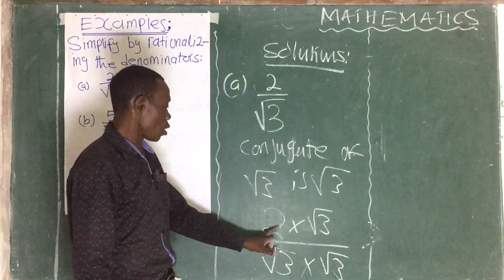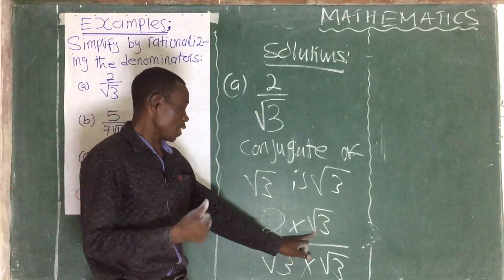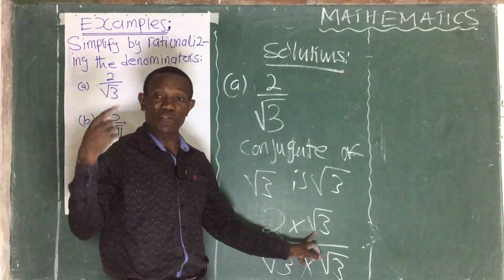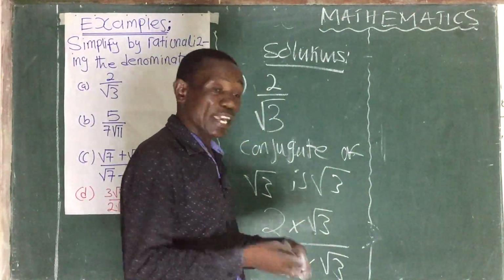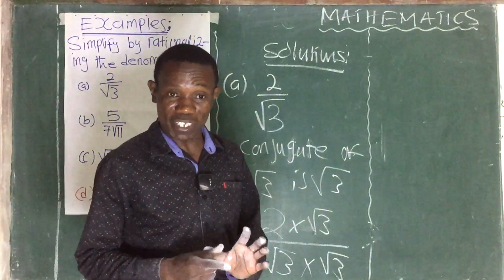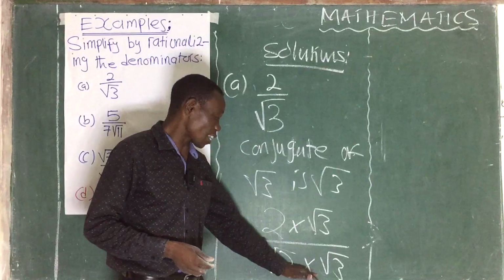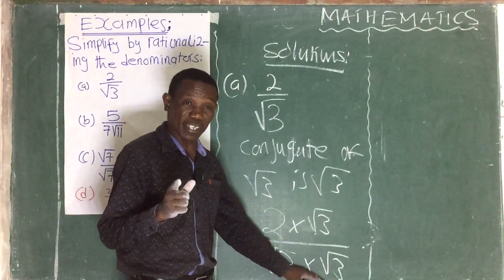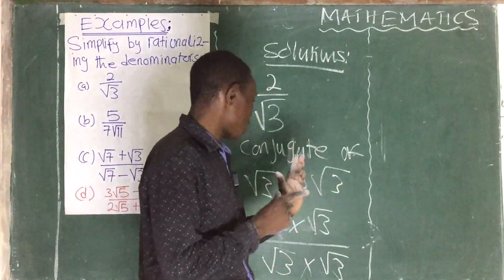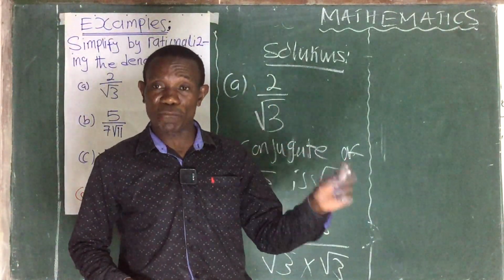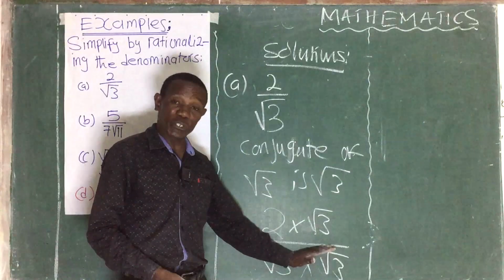So let's see the result here. If I have a 2 multiplied by root over 3, I think we were together in the previous video where we discussed how we can multiply a surd by a number. I think we will apply that knowledge now. That will not be strange to you this time around. So I repeatedly say, if you have no skills about multiplication, can you go back to the previous video? You'll be able to see what we've been doing there.